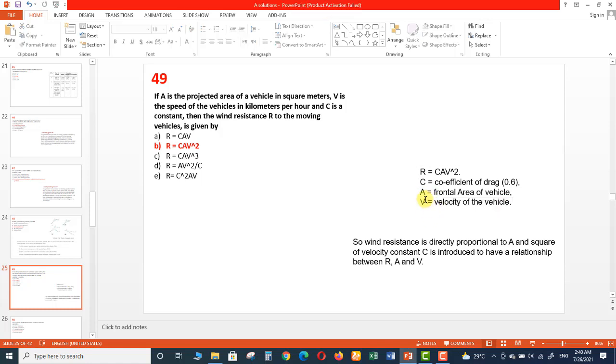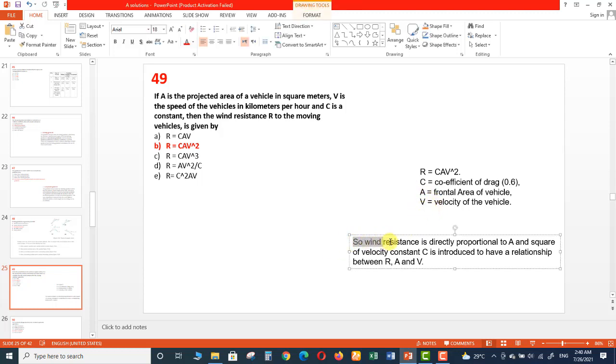So if we compare these three variables with resistance R, we can see that the frontal area of the vehicle is obviously directly proportional to the resistance. If the area is more, the resistance will also increase. So both are directly proportional. And then the velocity of the vehicle.